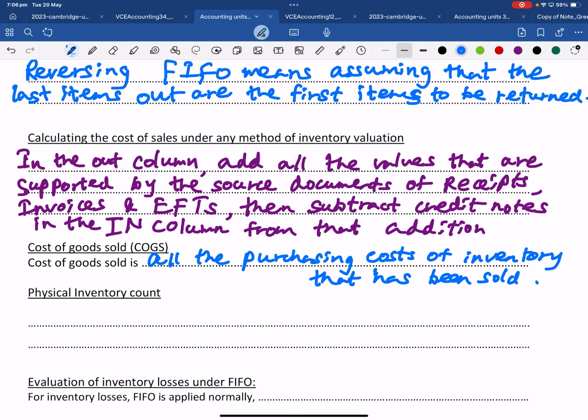What's the purchasing cost? Purchasing cost means the cost that we pay to the supplier to acquire the inventory, and also the cost that we incurred to bring the inventory into our store.